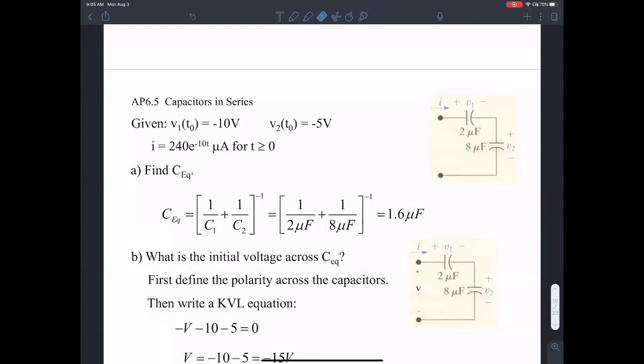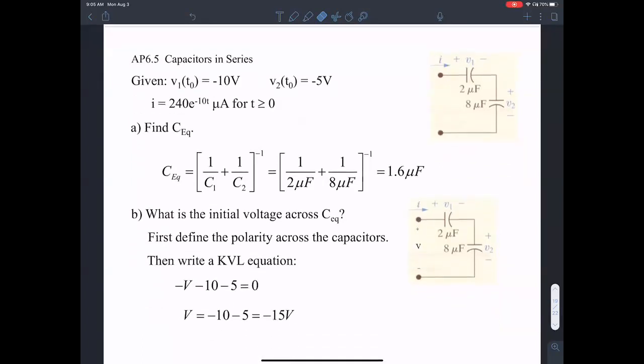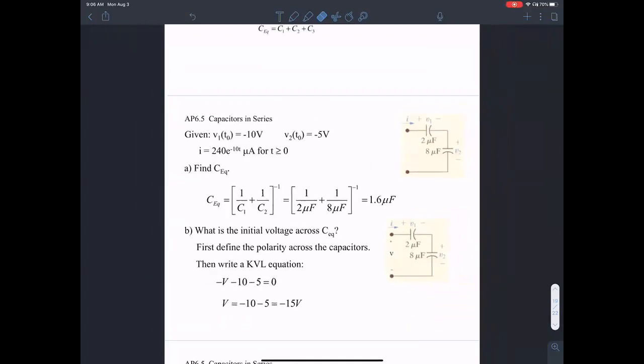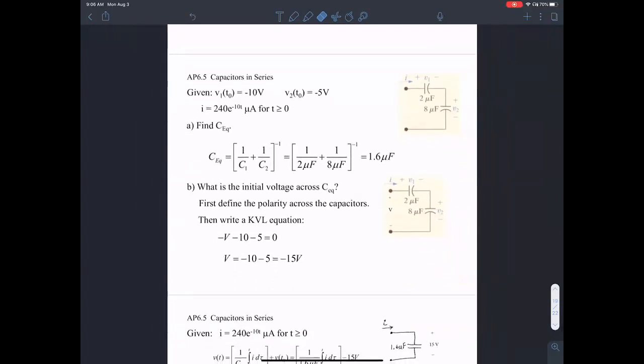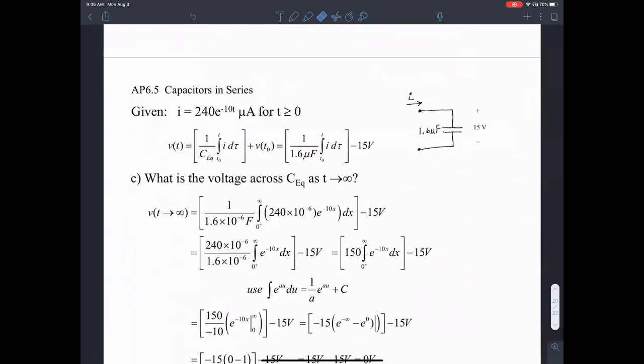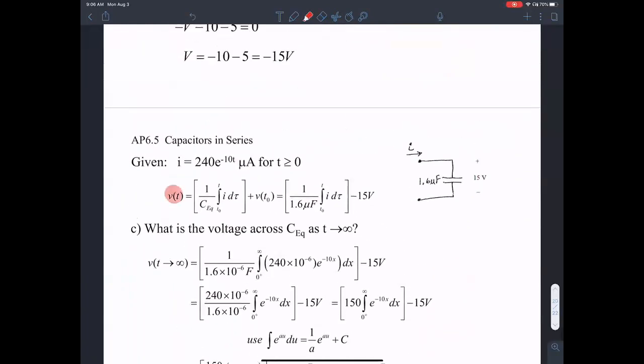You're asked to find the equivalent capacitance, and then of course the initial voltage across the equivalent capacitance. Once I is given, you should be able to calculate V by doing an integral, 1 over C, I dt.